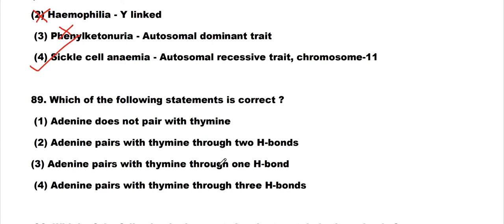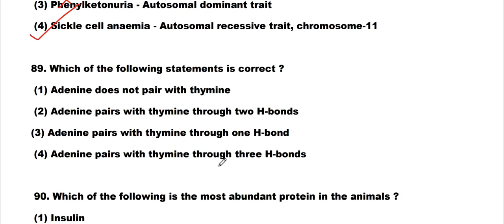Next, 89. Which of the following statements is correct? This is based on your nitrogenous bases. As you know, the simple funda, adenine pairs with thymine, guanine pairs with cytosine, and adenine and thymine are with 2 hydrogen bonds. Guanine and cytosine are with 3 hydrogen bonds.